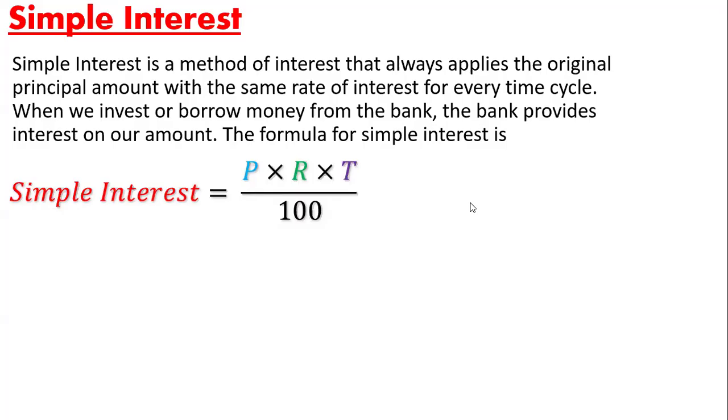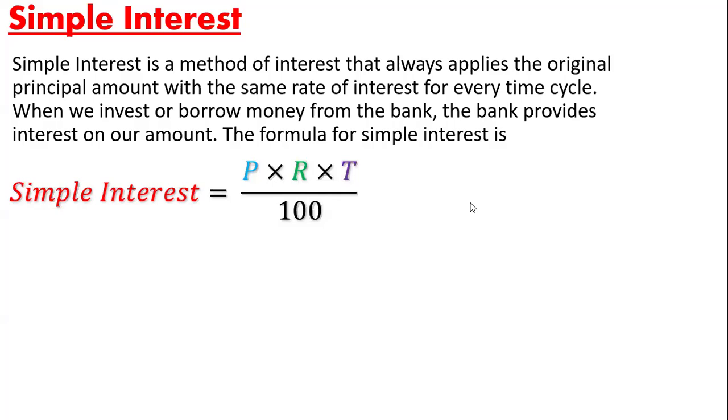Principal is the amount borrowed or invested. So either you borrow the money from the bank or you invest the money in the bank. That's what the principal is, the amount borrowed or invested.